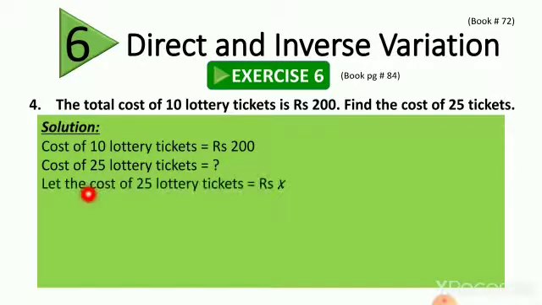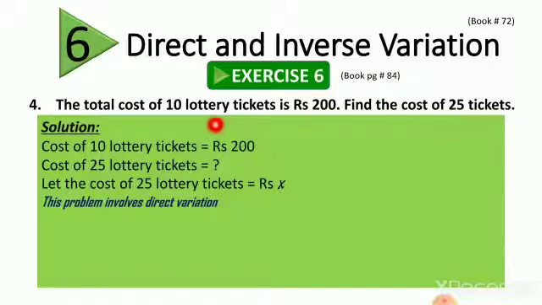Now we will suppose a variable x for the cost of 25 lottery tickets. So now the problem is direct variation. How have we known that it's direct variation? Because the total cost is 200 for 10 lottery tickets, and we have to find the cost for 25 lottery tickets.